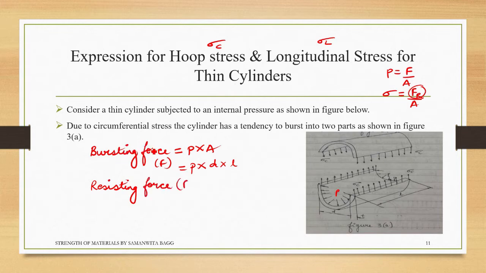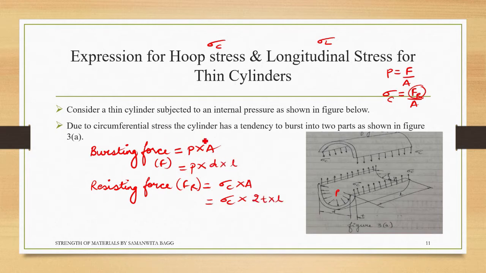Say I call it Fr. This will be sigma C into area. Now here the stress is sigma C, and you can see it is exerted over this entire length and on this thickness T from both the sides. So I can say it is 2T into L.